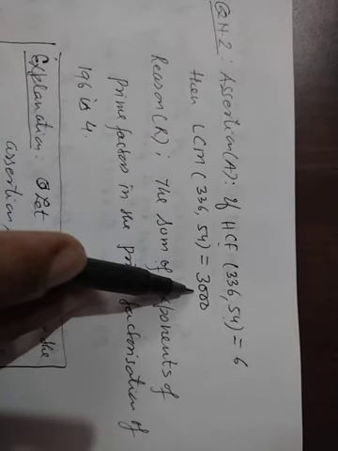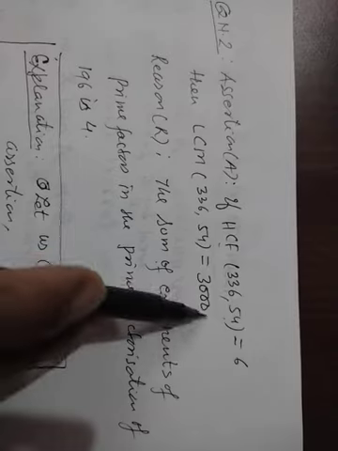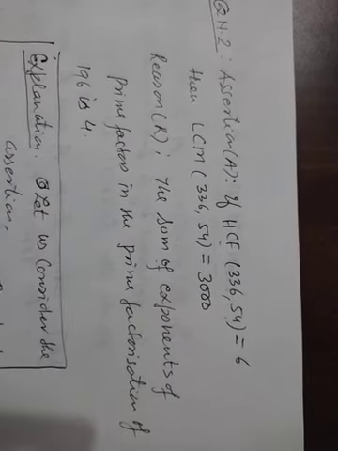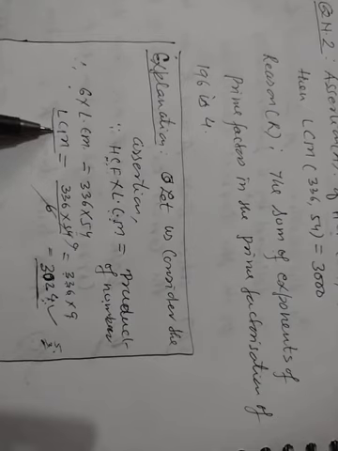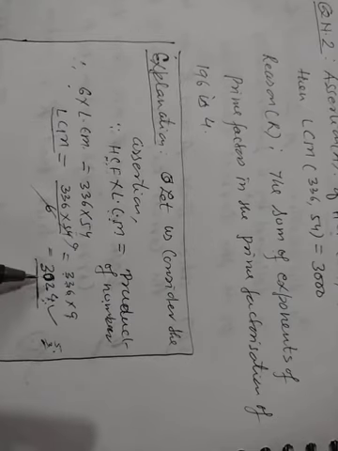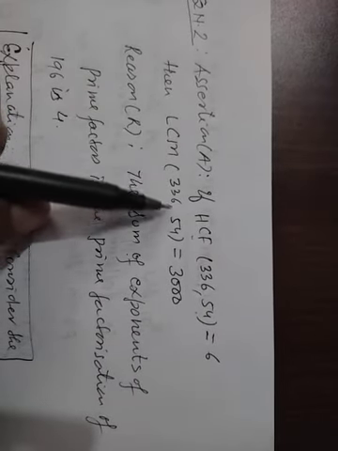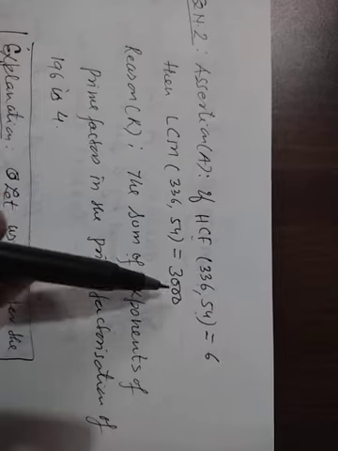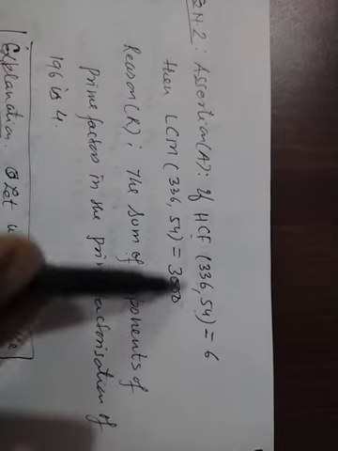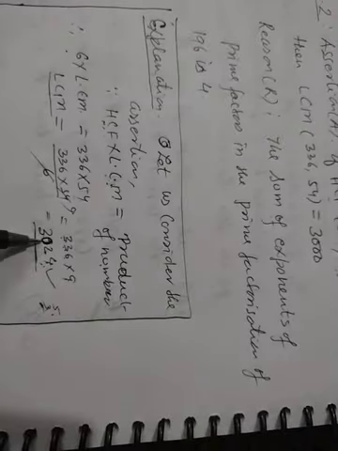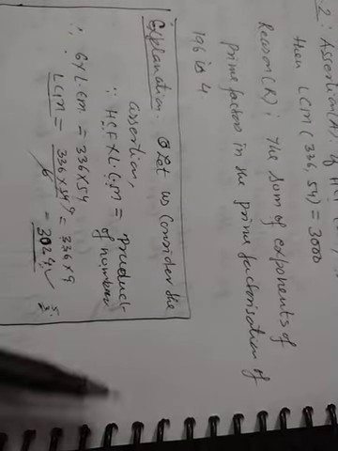It is given here. Thus the assertion is incorrect. The assertion is incorrect because after calculation you have LCM 3024, but it is given here that the LCM of 336 and 54 is 3000. So it is not correct, because the LCM of these two is 3024.